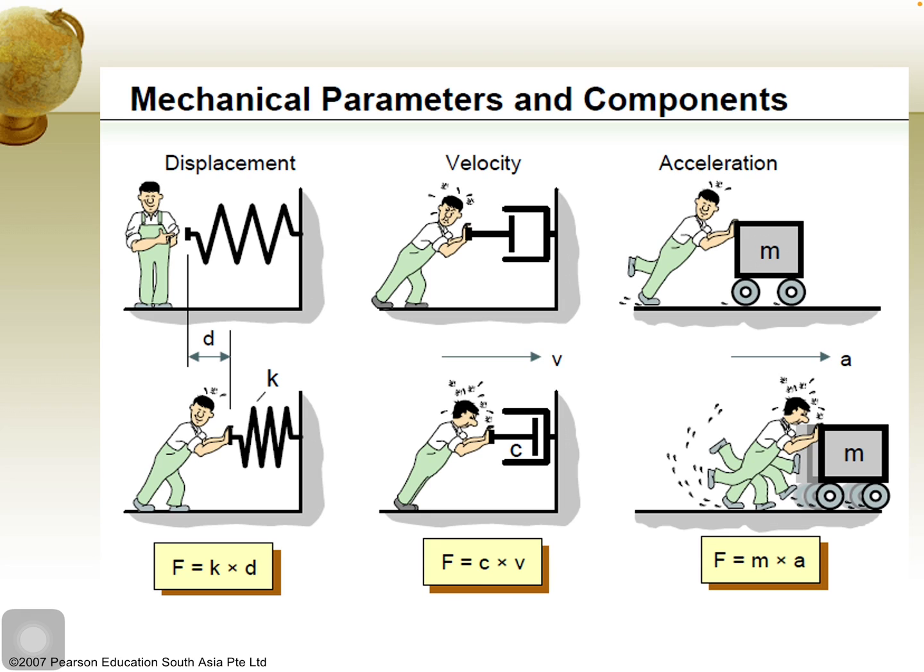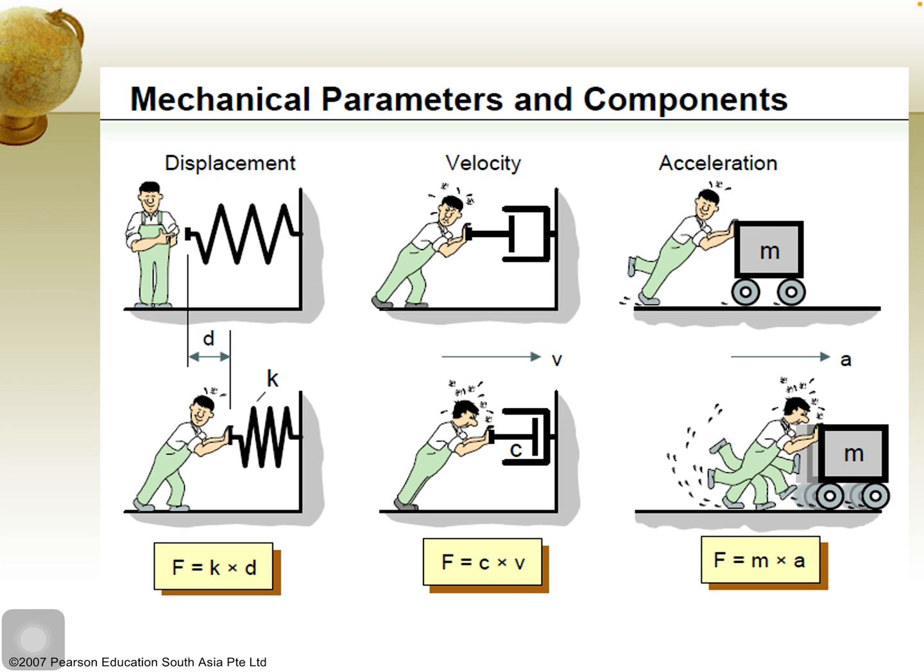So the formula for a damper is force is equal to viscosity, which is C, times the velocity. Like I said, in the formula there is no displacement. It only has velocity. So the person who wants to push the damper should have velocity in the push.